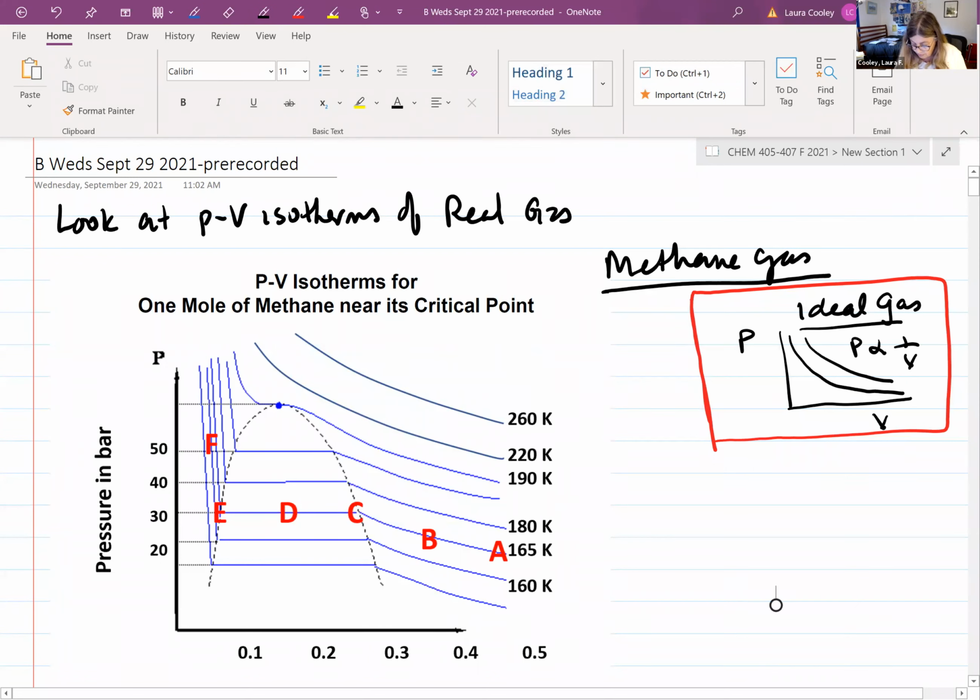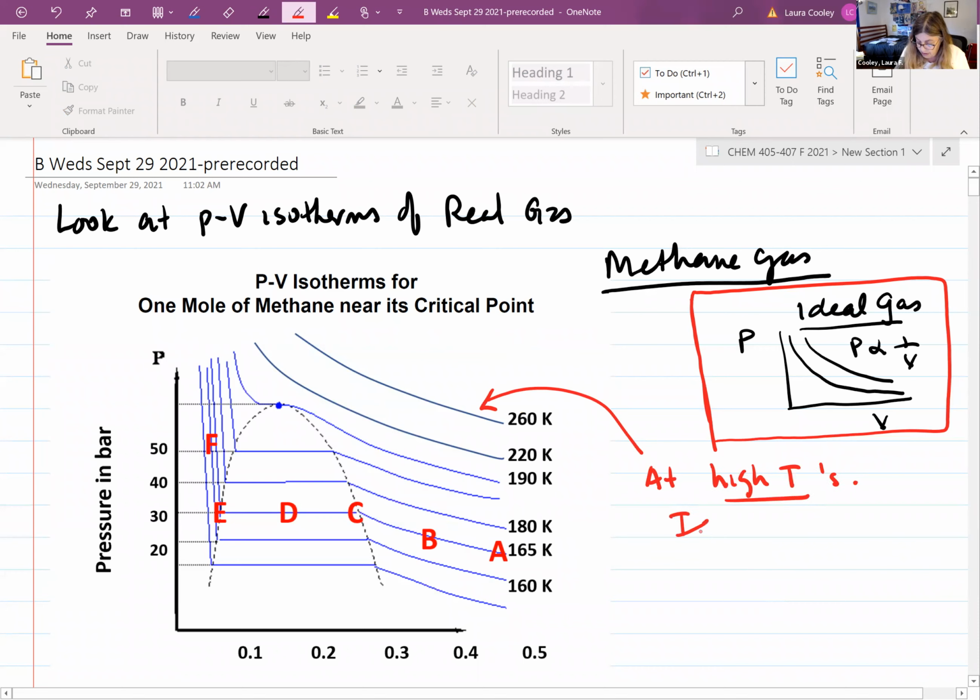So let's take a look at this. First of all, I want to comment that at high temperatures, there is ideal behavior. Okay, so you would expect that as you decrease the volume, you would increase the pressure inversely proportionally. So over here, we have ideal behavior.